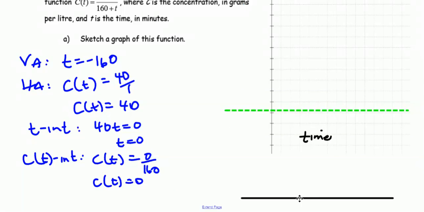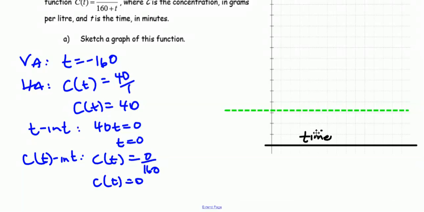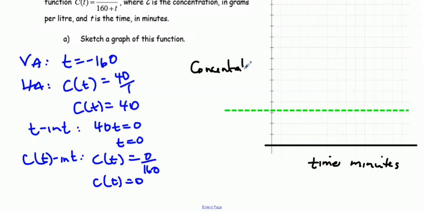So let's move that up. So let's make that the x-axis, which means I'll put time below that. So time in minutes, and this would be over here the concentration in grams per liter.